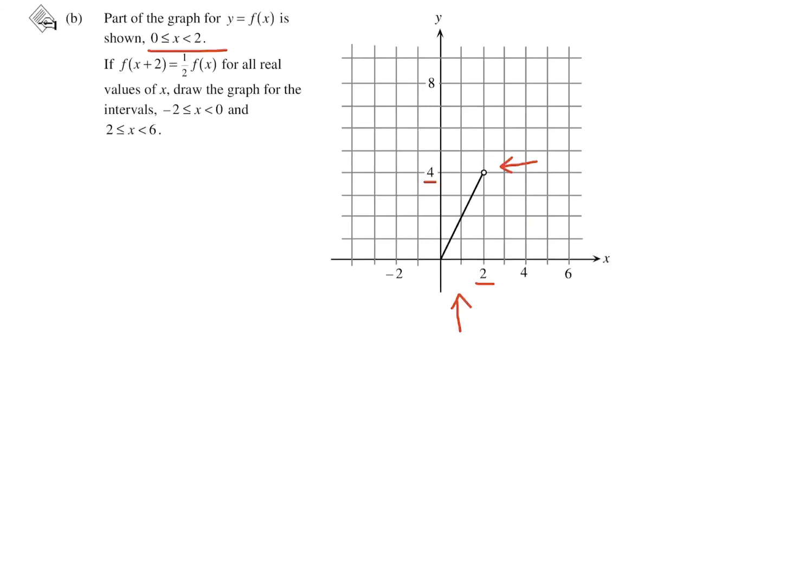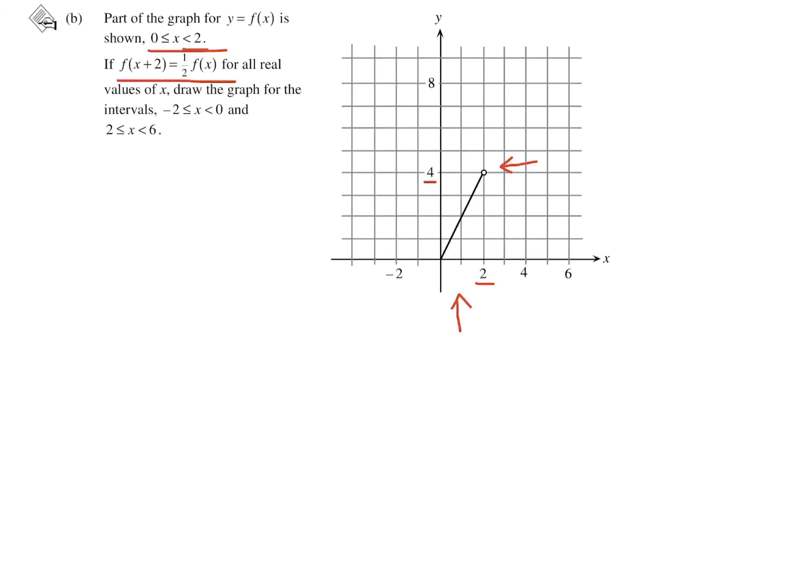All right? That's why they've actually put a less than 2 here. So it can be interpreted in another way that the x approaches 2, but never actually equals 2. So don't get too caught up in that. Just be careful, because when we draw the graph, we're going to have to probably replicate that circle to indicate that the x and the y are not actually equal to that point, but they're approaching it.